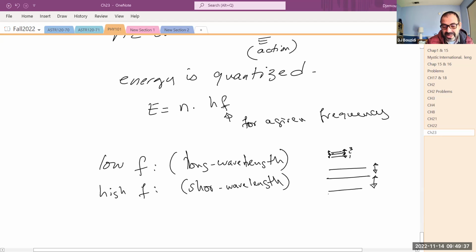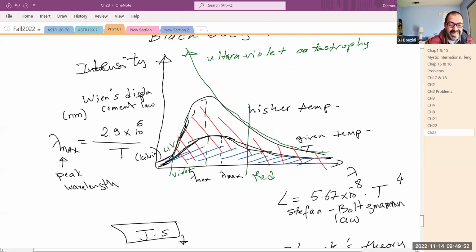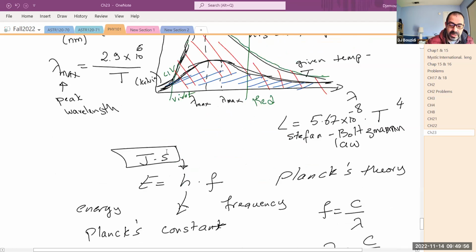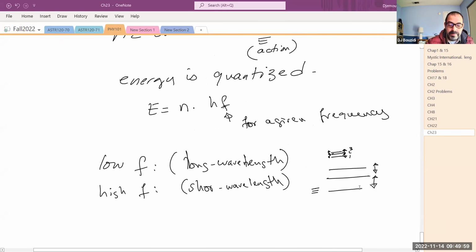So the f is big, so the gap between successive modes of excitation, if you will, for that atom will correspond to fewer contributions, because you have fewer of them between one point and the other, versus the low frequency or long wavelengths, which will have more. So in other words, yes, there is more energy for the high frequency, but there are fewer of them.